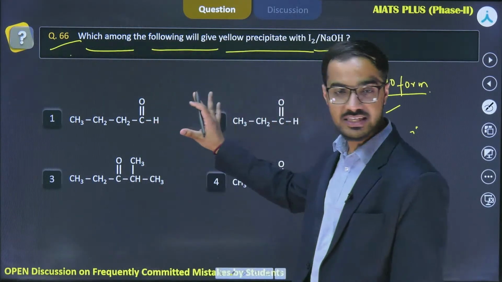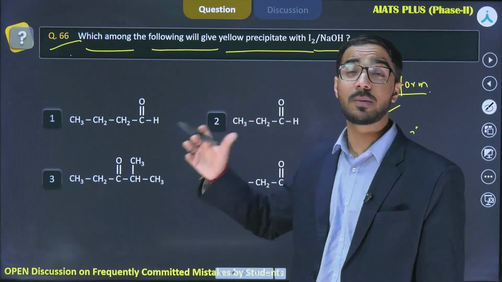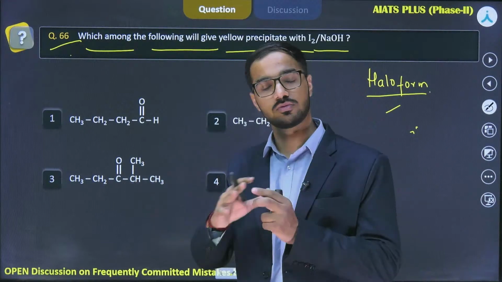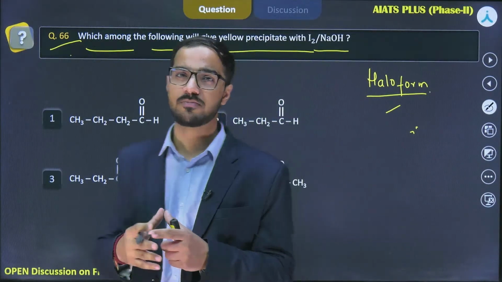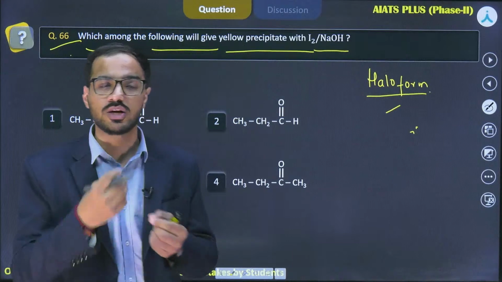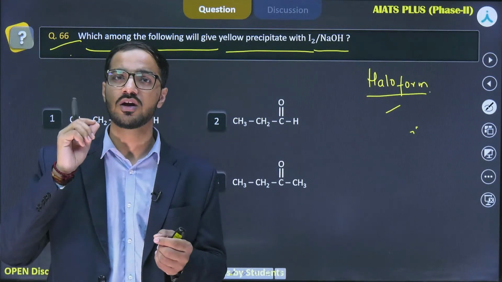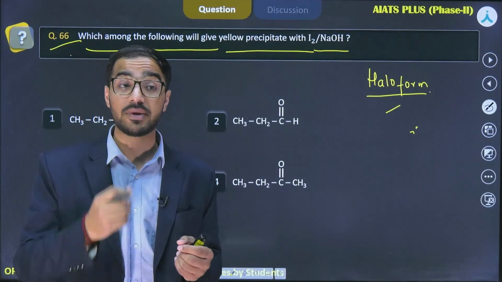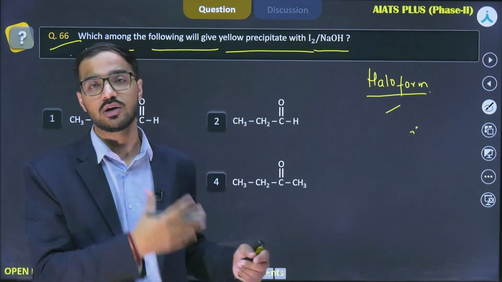So in these types of questions, you should be aware of the mechanistic approach. You have all heard about it. Always remember the position: you should have a methyl ketone in order to carry out this reaction.